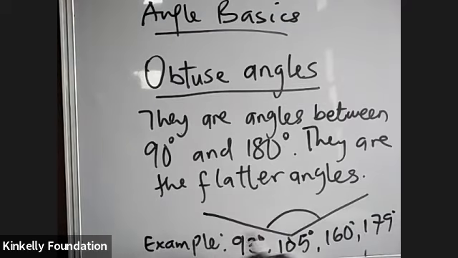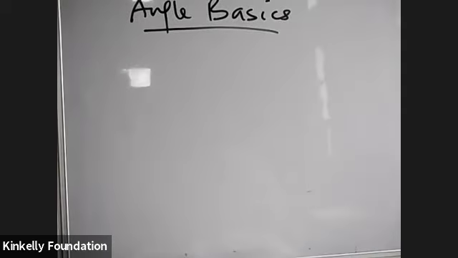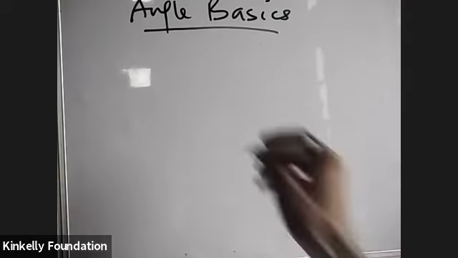All these are examples of obtuse angles. They are between 90 and 180 degrees.